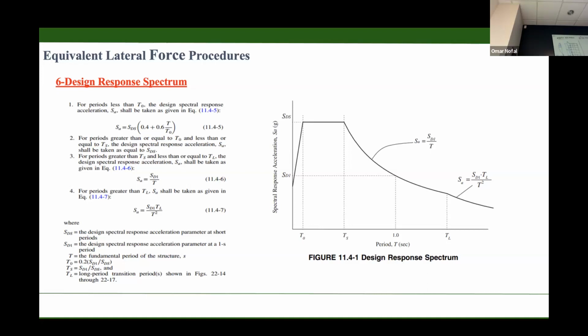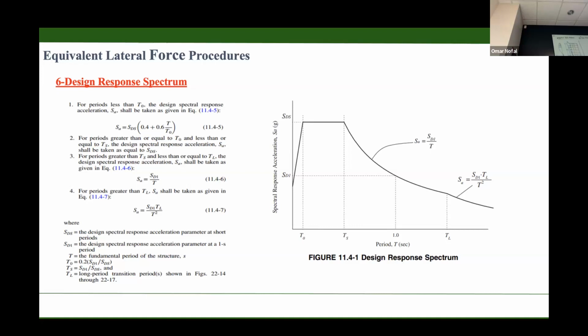So these parameters come from the basics that we are talking about. And it gives you the equations that each one is using. Like this one uses this equation. If your structure has a fundamental period from 0 to T0, you will have to use this function to get the acceleration.